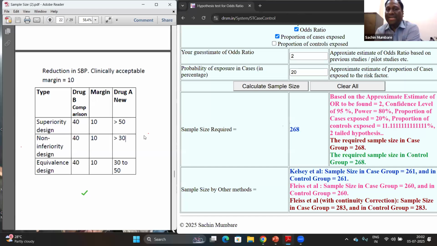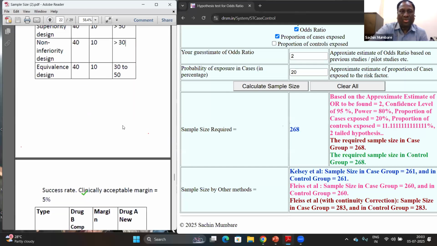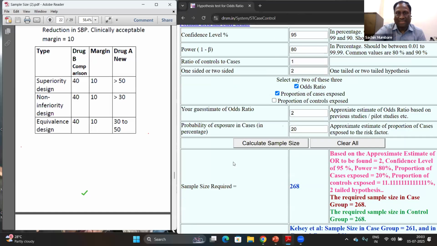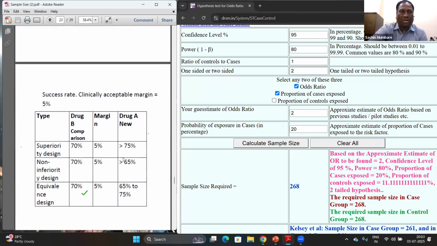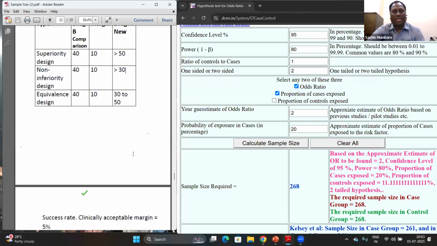If it is less than 30, it will be inferior. It is more than 50, it will be superior. And if it is in between 30 and 50, it will be equivalent. So these are the three main types of clinical trials, and you will have to learn to calculate the sample size for all these three types of clinical trials.